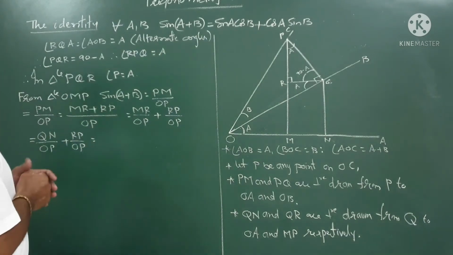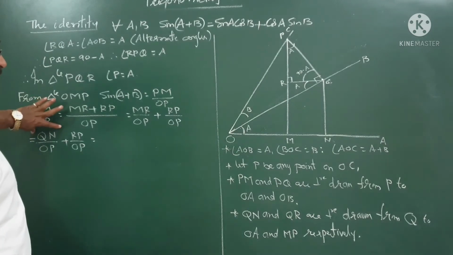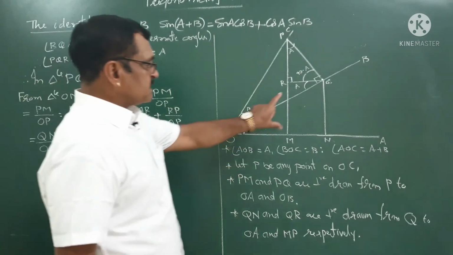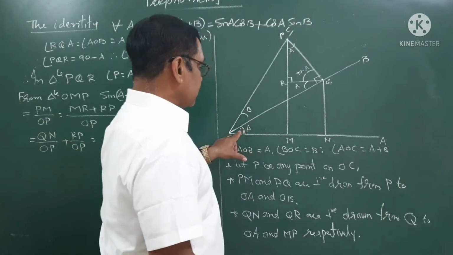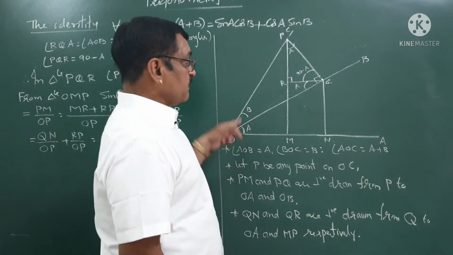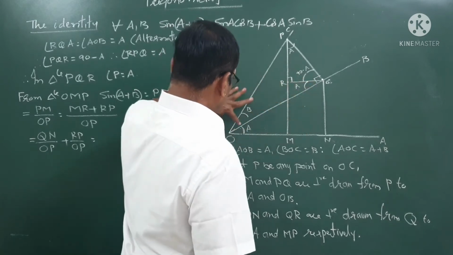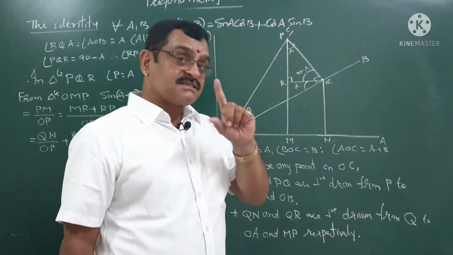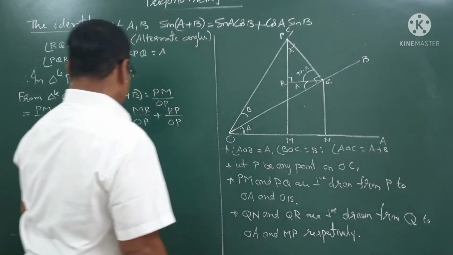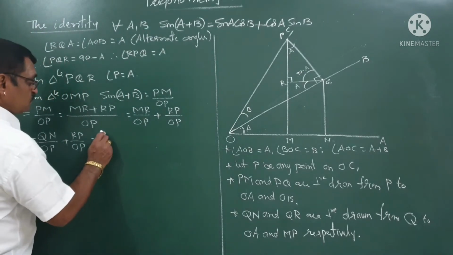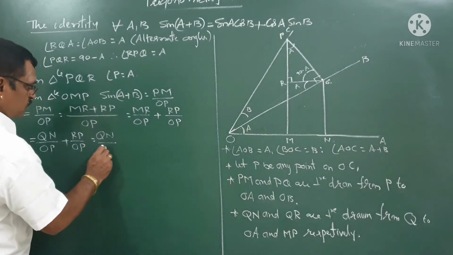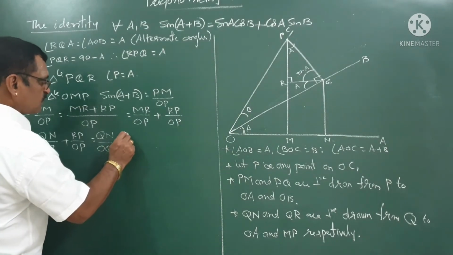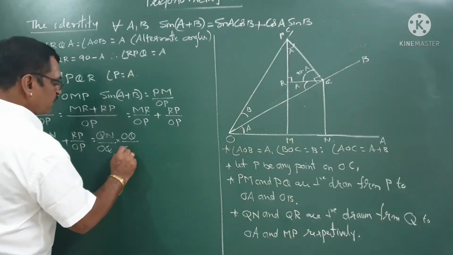Now here, QN is the opposite side for angle A. If I have QN by OQ, I can write it as sin A. So I do a simple manipulation: QN by OQ times OQ by OP.